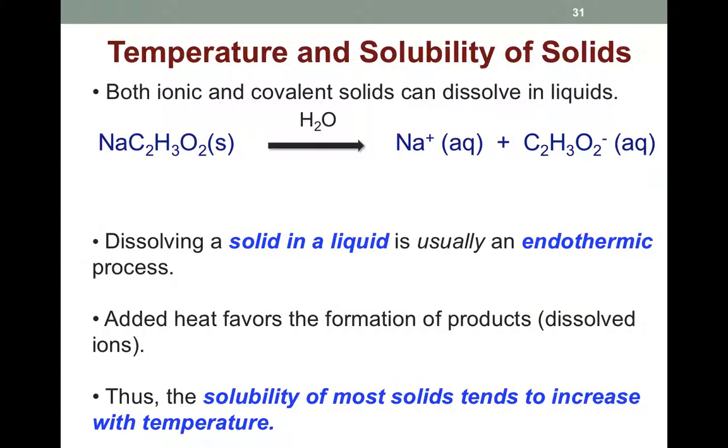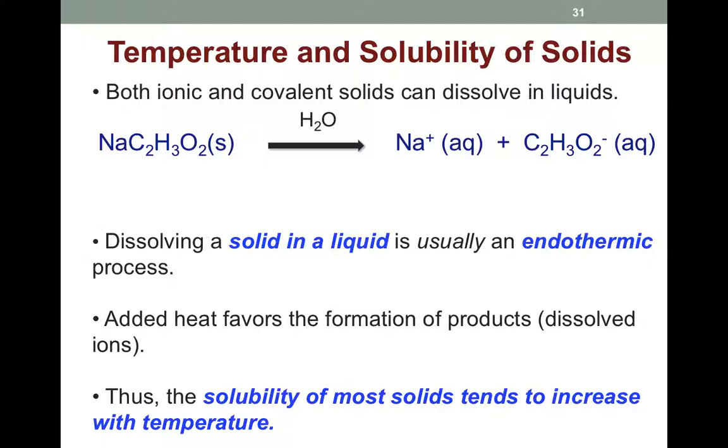This is sodium acetate. Sodium acetate has a fairly high solubility in water, and it will form sodium ions and acetate ions. Typically, when we have a solid dissolving into a liquid, it could be endothermic or exothermic.